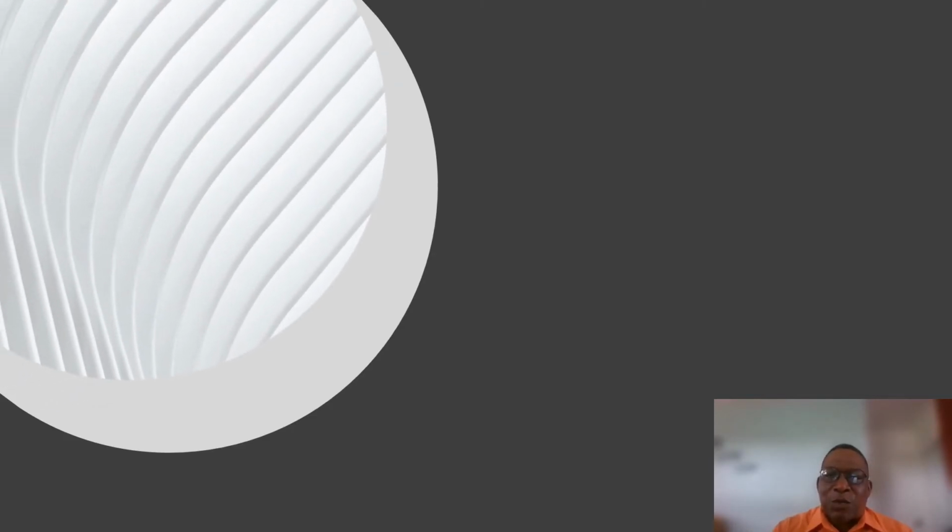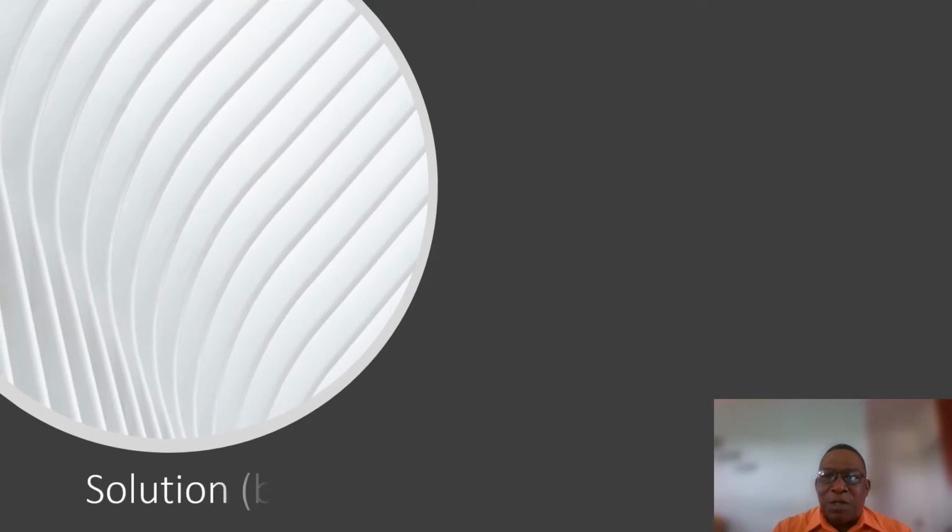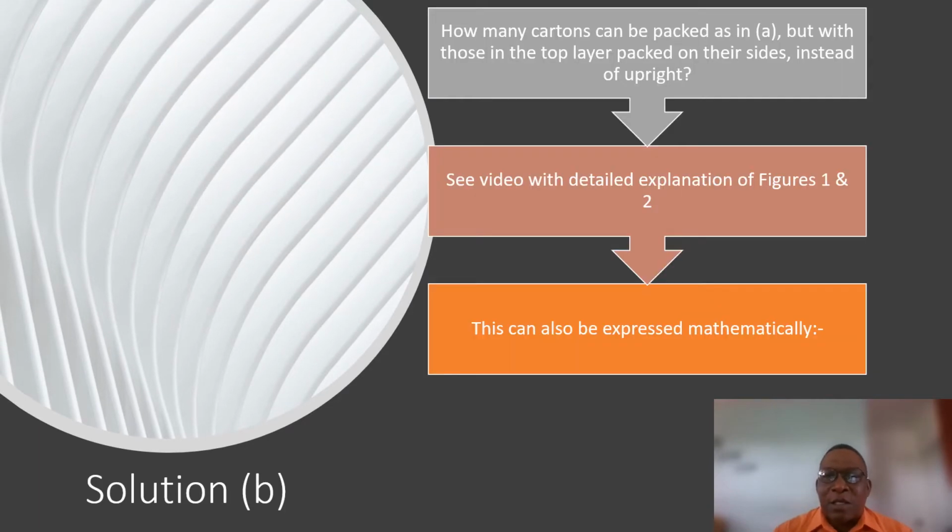Now, today the packing instructions that we were given in B state how many cartons can be packed as in A, which we would have done in our previous video, but with those in the top layer packed on their sides instead of upright.